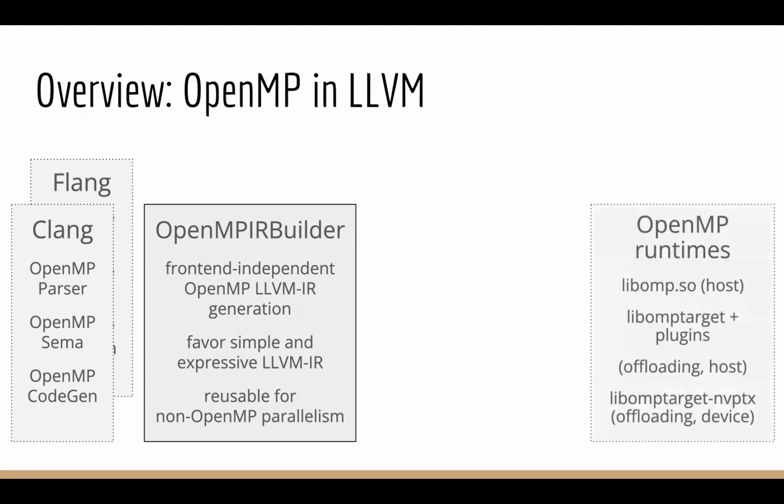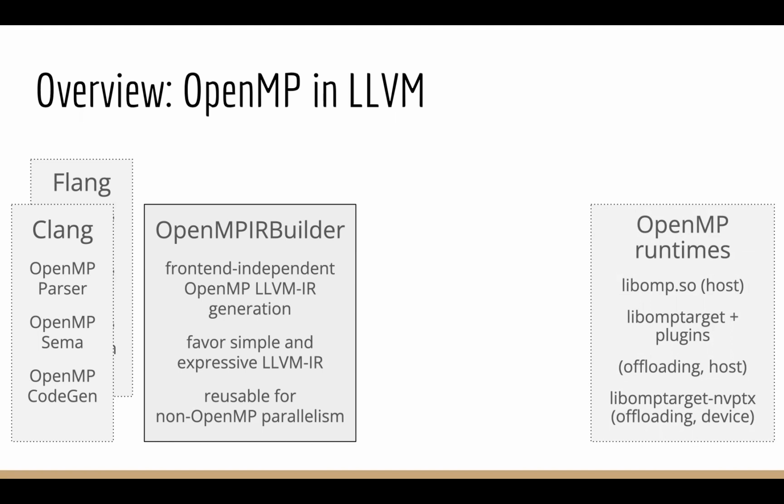In addition, OpenMP obviously comes with runtimes. So there is the classic libomp, which is a host runtime, and which is what you would expect for host parallelization. It does the tasking, the parallel threads, all of that stuff. And then there is libomptarget and the plugins, one plugin per offload architecture.